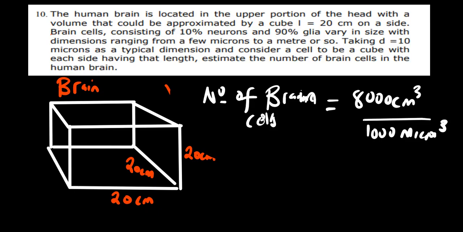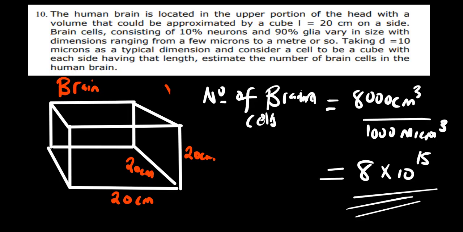When we divide that, it gives us 10 to the power 15. So this is the number of brain cells in the human brain. Quite a big number of cells.